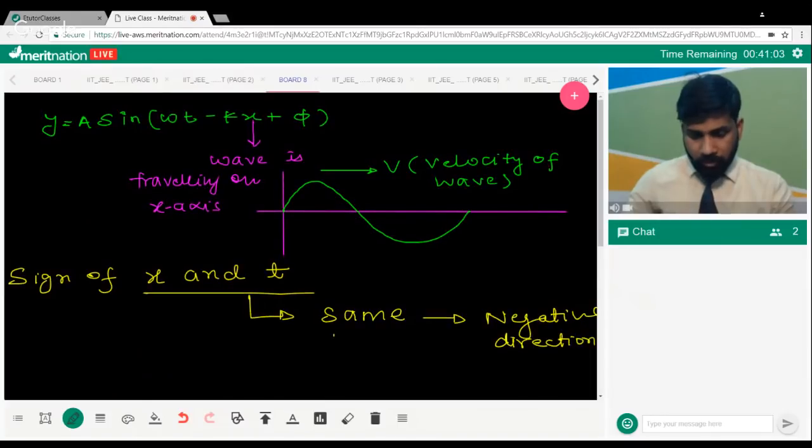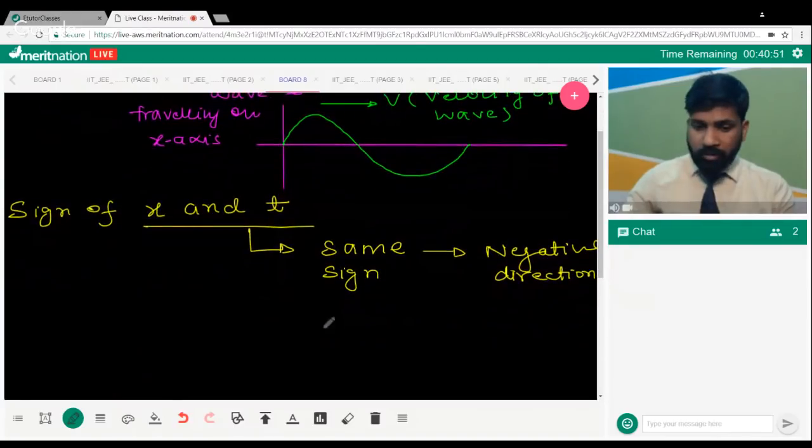If the sign of x and t is the same, then the direction of motion of the wave is what? Towards the negative x direction.